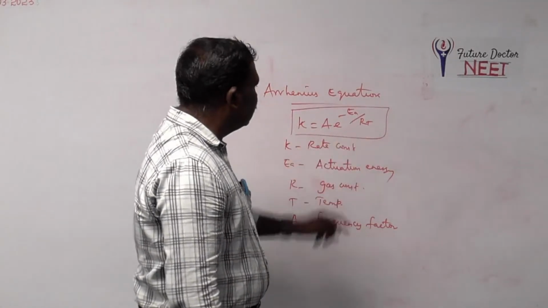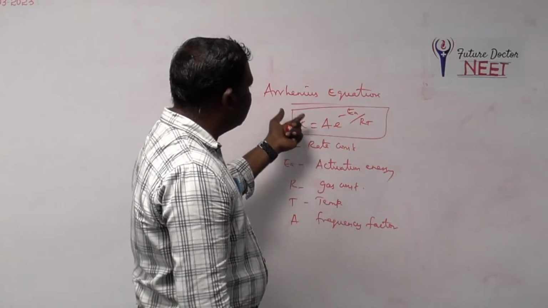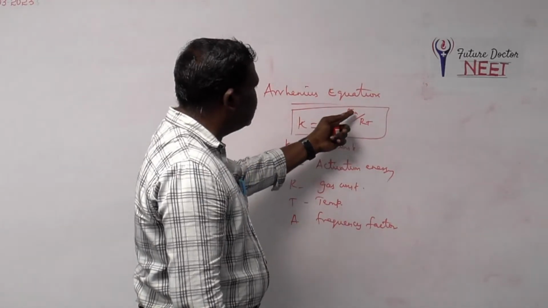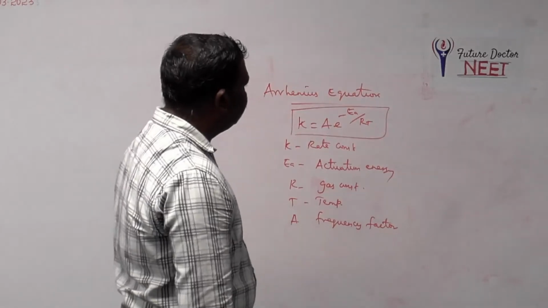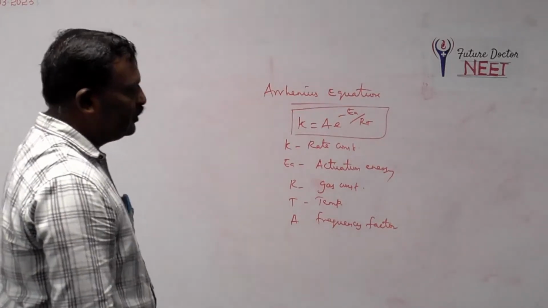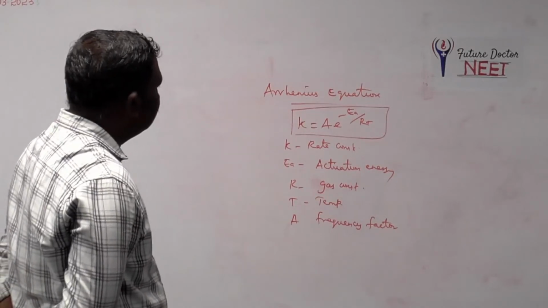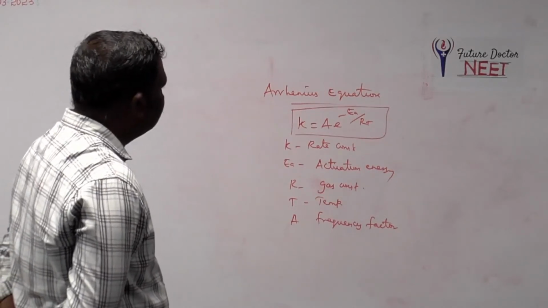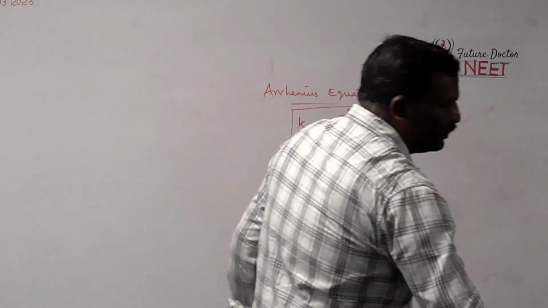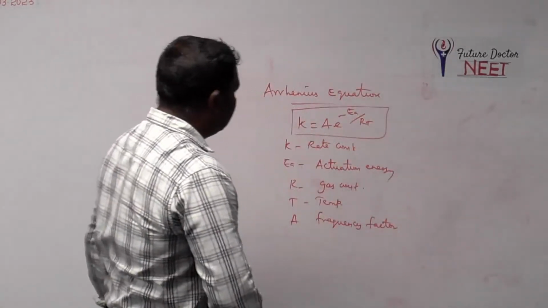So you frame one equation: K is equal to A into e power minus Ea by RT.